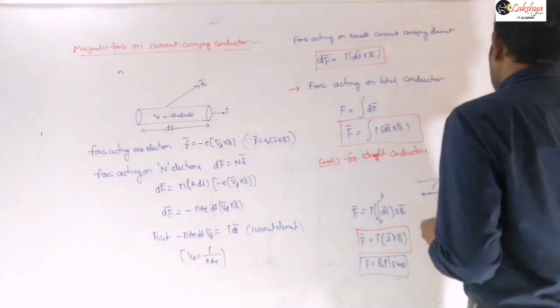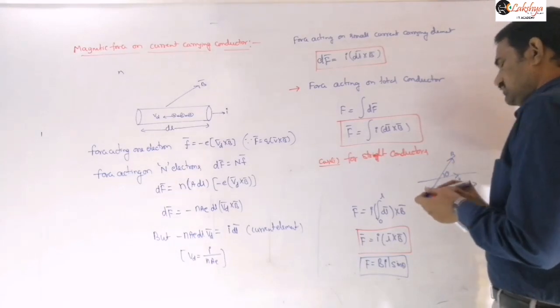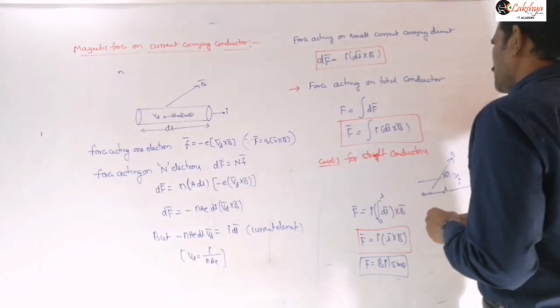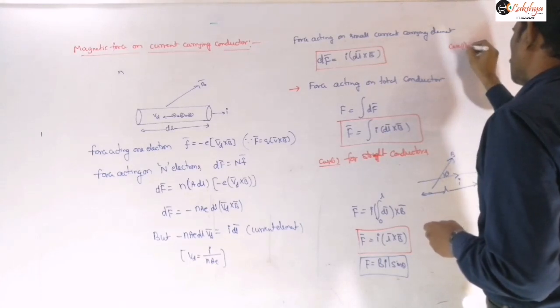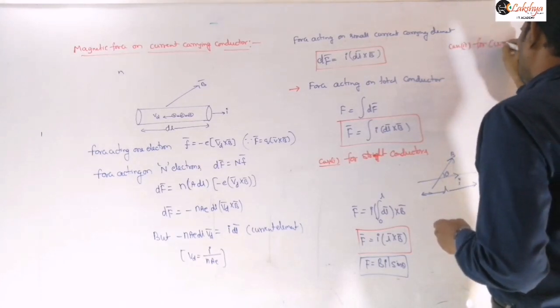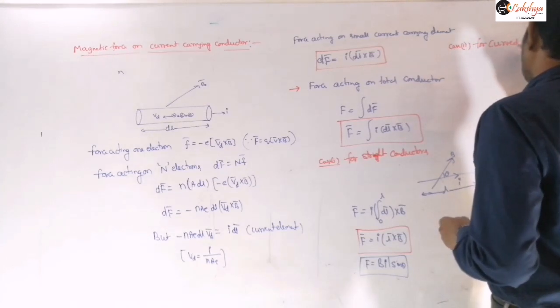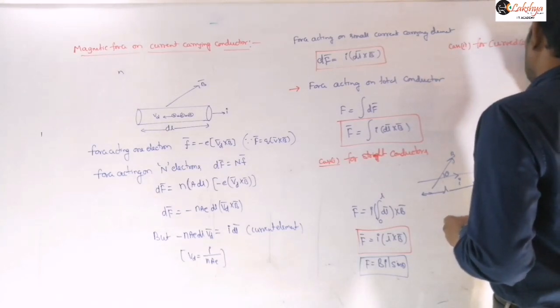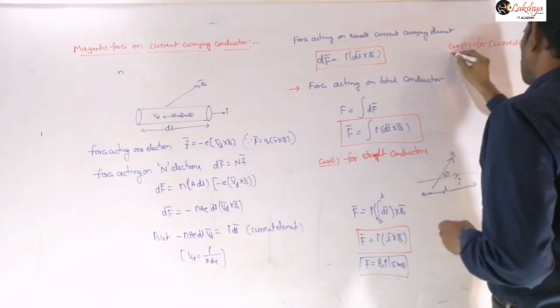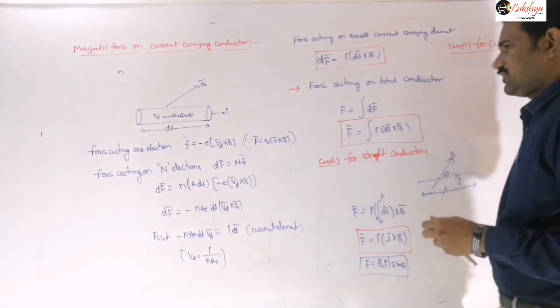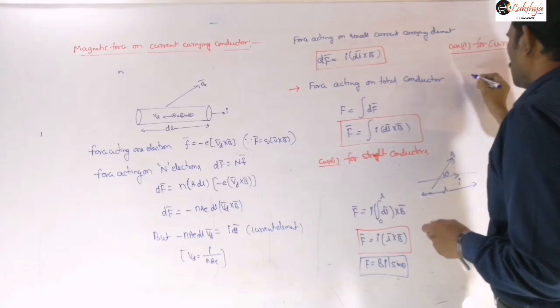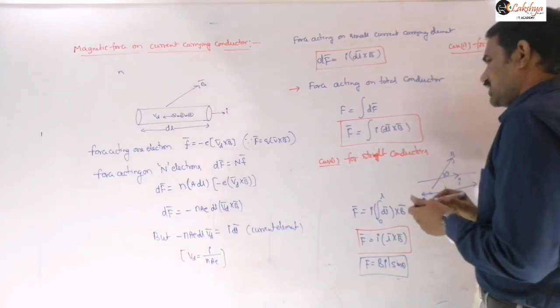Whereas if you are taking curved conductors, that is case 2, I am taking curved conductors. For curved conductors, I will explain here. Suppose I am taking this curved conductor like this.